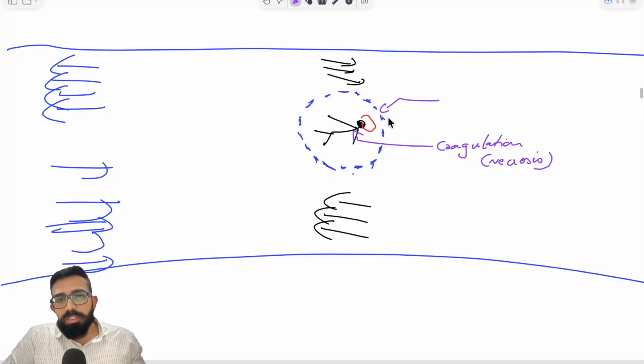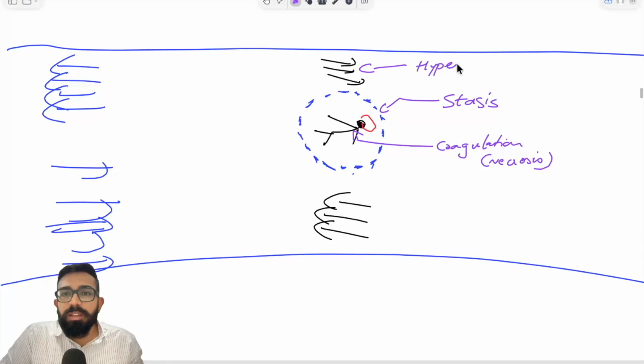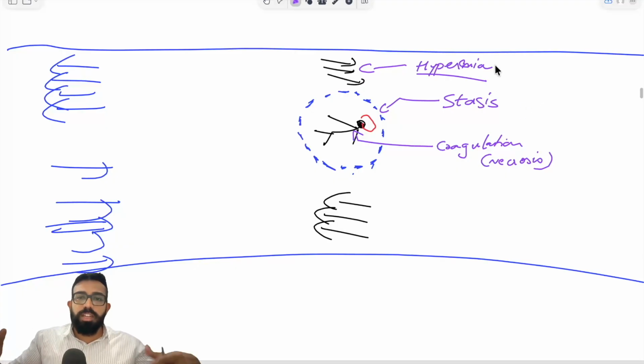These people who are just spectators, this is called the zone of stasis, spectator stasis. And in the periphery, you see this high speed moving traffic. This is the extra blood flow going and coming from the tissue, inflammatory. This is the zone of hyperemia. Okay. So this is how you can never forget Jackson's model.